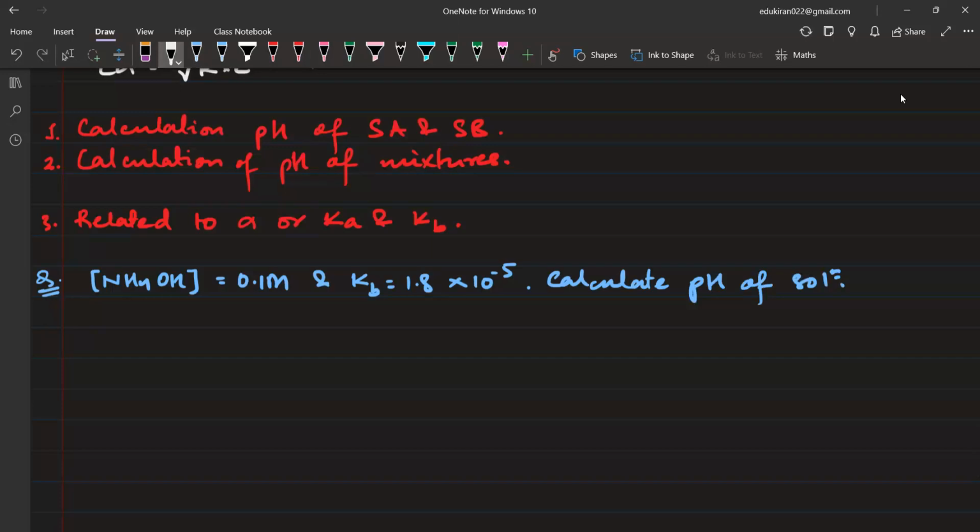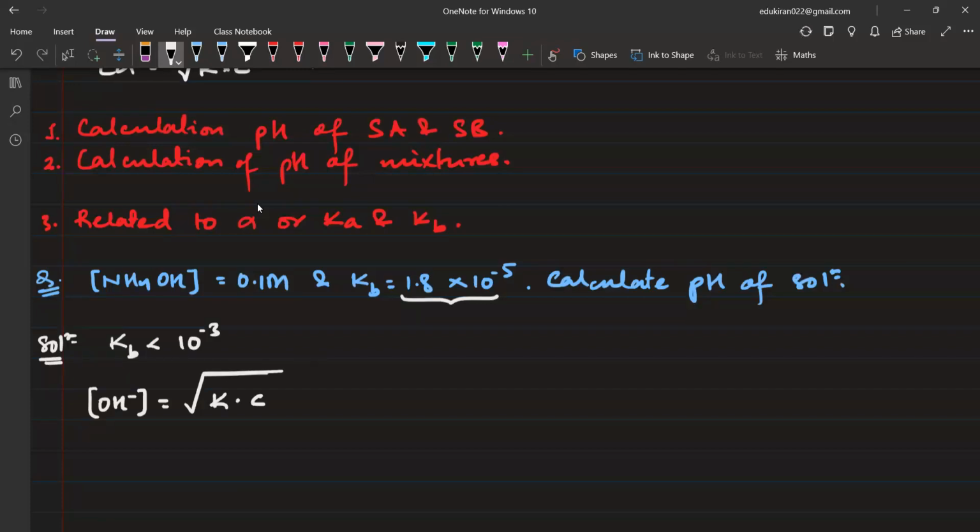देखिए बहुत ही आसान है. See, Kb is what? It is less than 10 to the power -3. Make sense? Yes or no? Please tell me. Yes, sir. ठीक है. So we can directly use the formula. Concentration of OH negative will be equal to root over K multiplied by the concentration of base that we have. So K under root आपने लिया. K कितना है यहाँ पे?